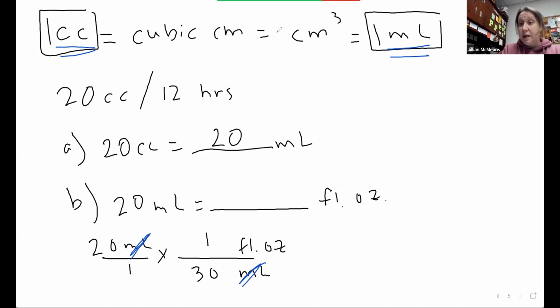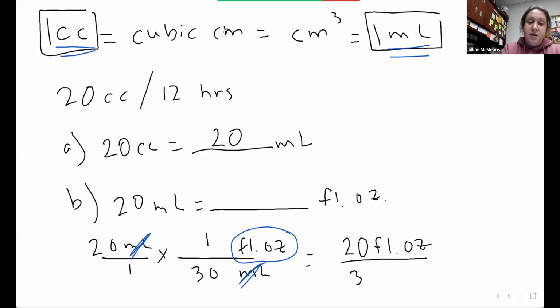So we're going to clean this up and then work it out. Milliliters cancel, which is exactly what we want. We're left with fluid ounces, our desired unit, in the numerator. So the numerator is 20 times 1 fluid ounces. The denominator is 30. So you get 2/3 of a fluid ounce. Now, I like 2/3 of a fluid ounce, but directions could very well tell you to write your answer as a decimal. And if that's the case, work this out in your calculator.